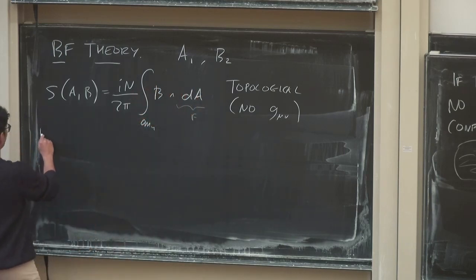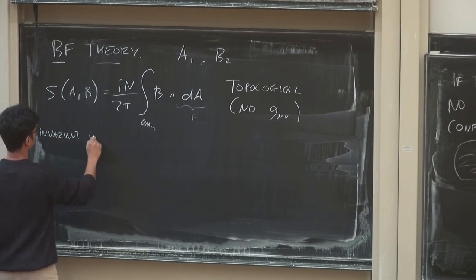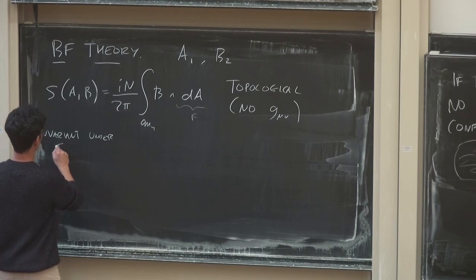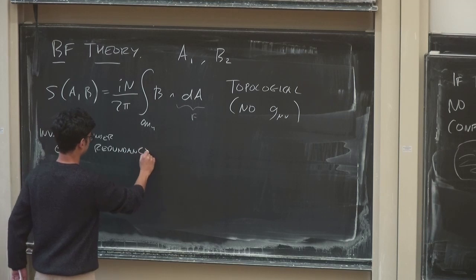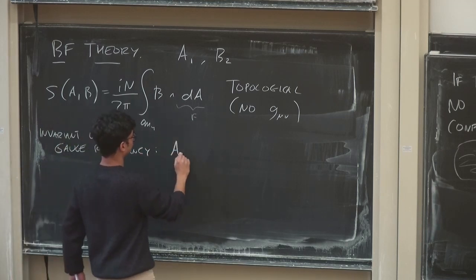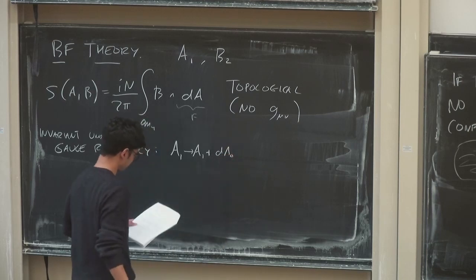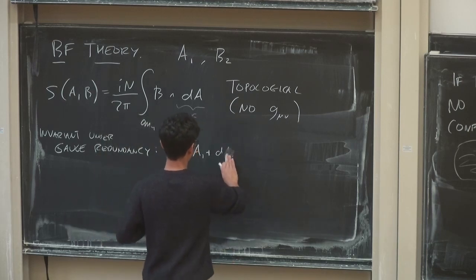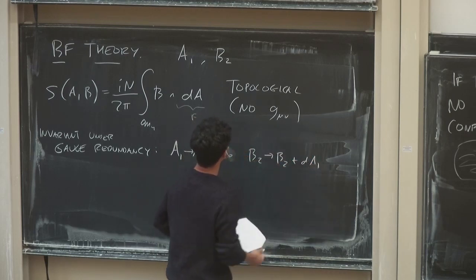Now the action is invariant under the two gauge symmetries that you can imagine. This is a gauge redundancy. You take A_1 goes to A_1 plus dλ, where λ is a scalar, and B_2 goes to B_2 plus d of a 1-form.